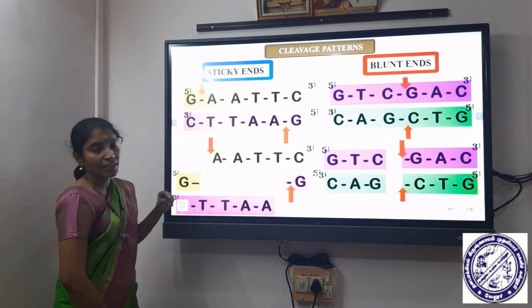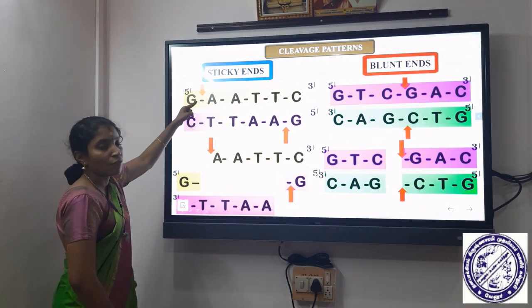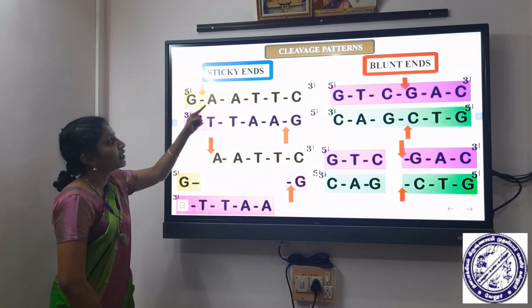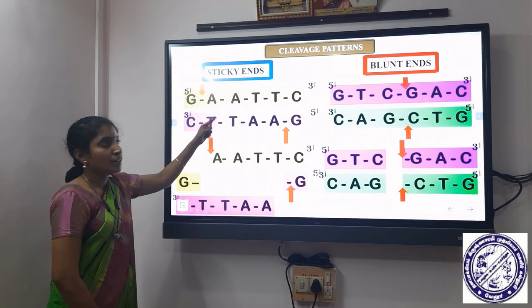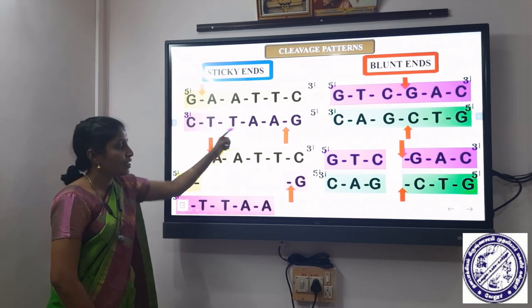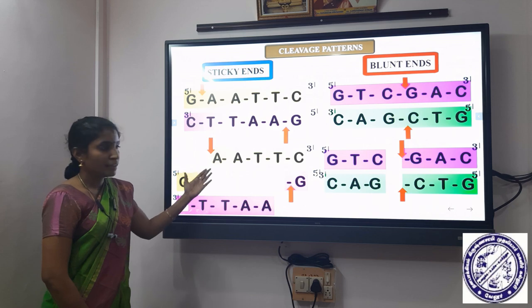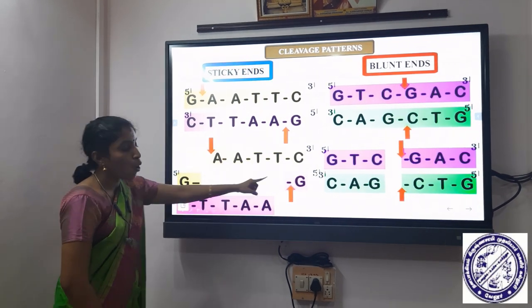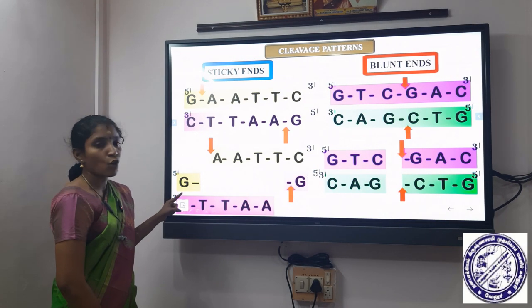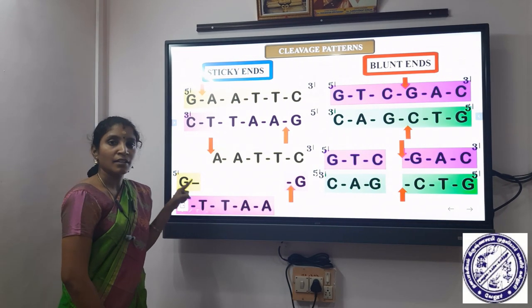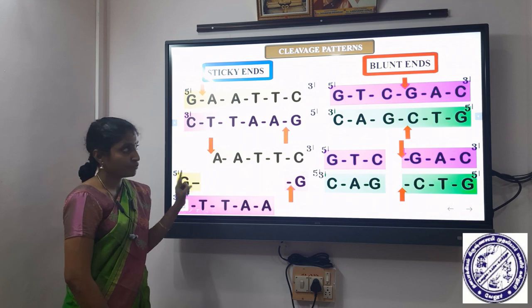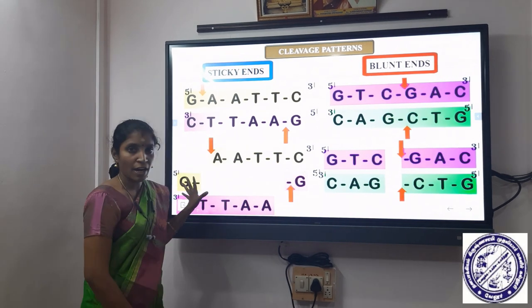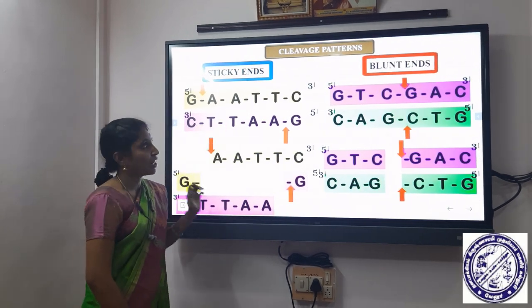If the cut is given here in one strand, but in the opposite strand it is not exactly opposite to that of the first strand, that results in this type of fragment. Here there is an overhanging sequence and unpaired nitrogenous bases are also seen.